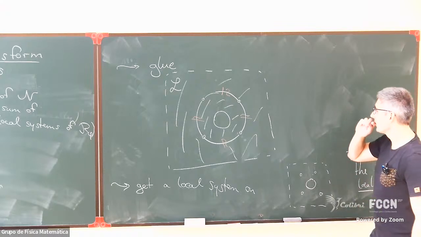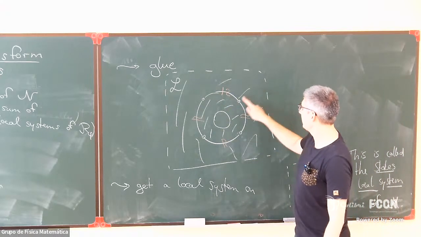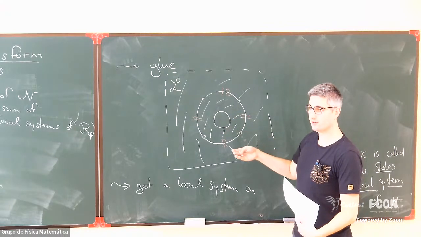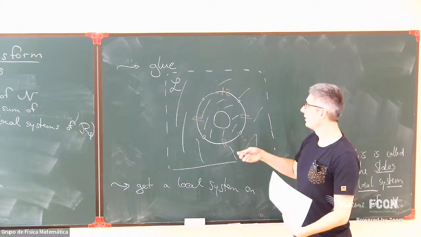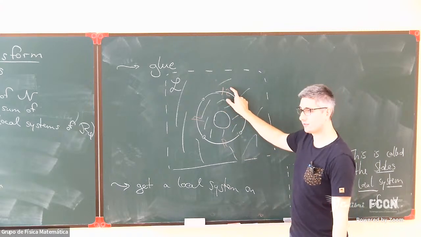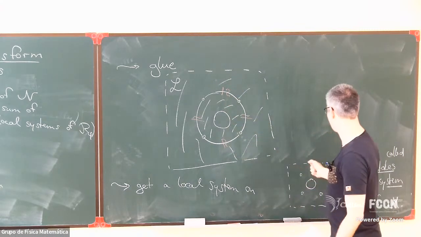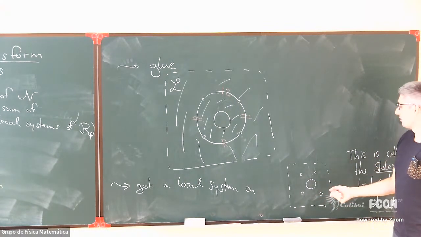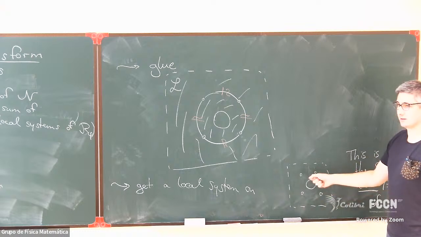No, because this is a local system outside, this is a local system inside, so there are two sheaves. If I want to glue two sheaves, I need to give an isomorphism on the overlap of the two spaces, and then I get another sheaf. So what I have here is a sheaf up to isomorphism on this space.